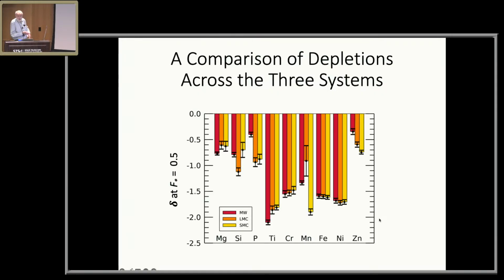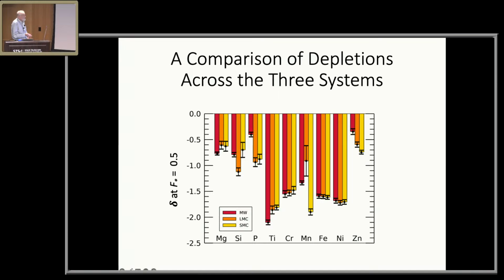All right, here are the results. I'm now showing you the depletions at F star equals 0.5. Now, this is a moderate depletion for our galaxy, but it is sort of the highest depletion you'll find in the Magellanic Clouds because of that effect of the lower metallicity not making such strong depletions. You compare them with each other, they're pretty similar, but there are differences.